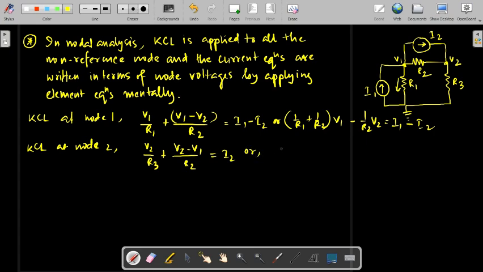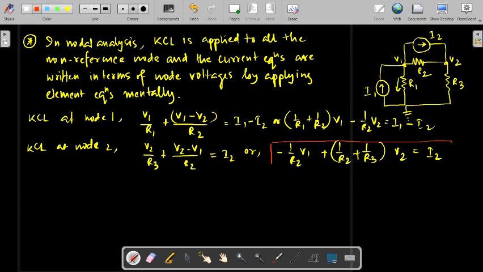Here I can rearrange again: minus 1 by R2 V1 plus (1 by R2 plus 1 by R3) V2 is equal to I2. Okay, so these are actually the two equations coming after rearranging.